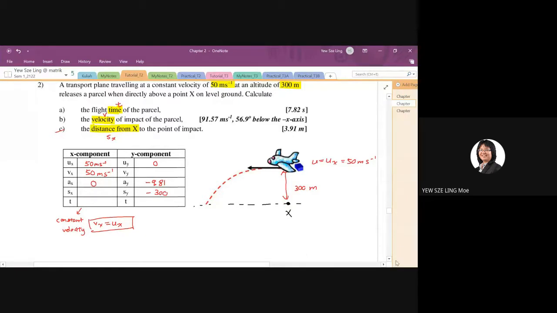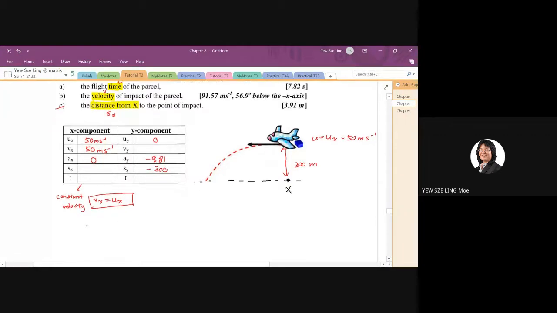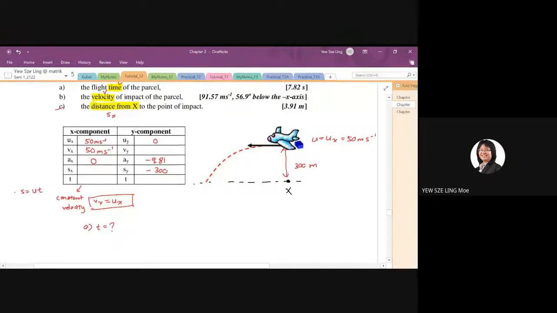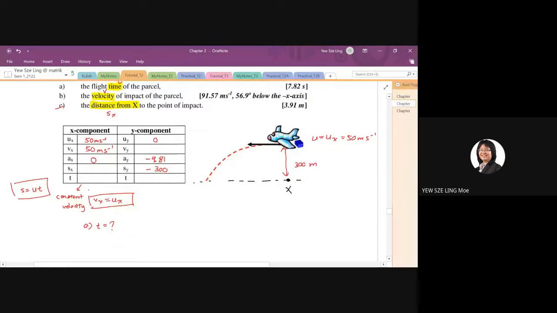All right, now let's see how we are going to solve the questions. Question A is asking for time. So if you look at the X component, do you have enough information to calculate time? No, because for the X component, the only equation that we have is S equals UT. So obviously, we cannot calculate time by using the X component because we don't have Sx.